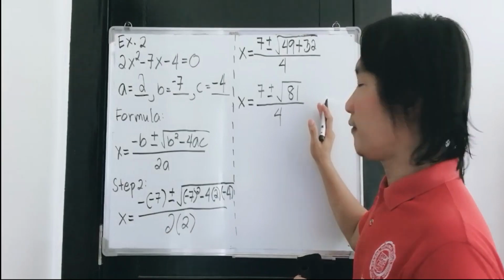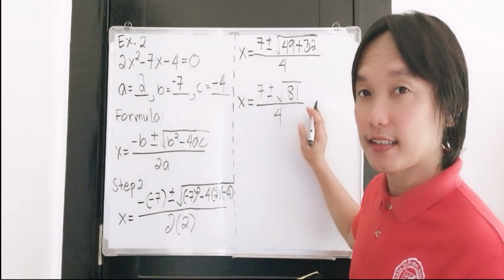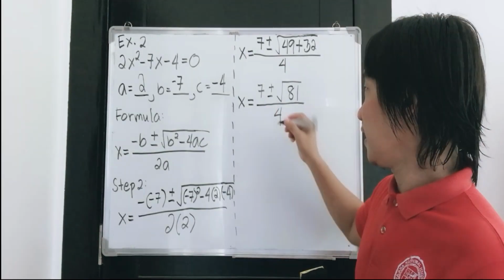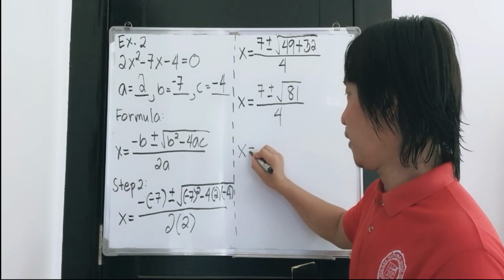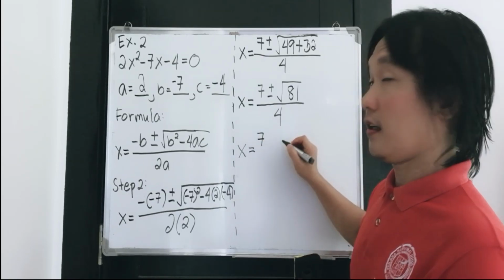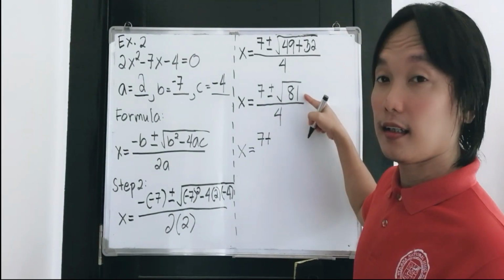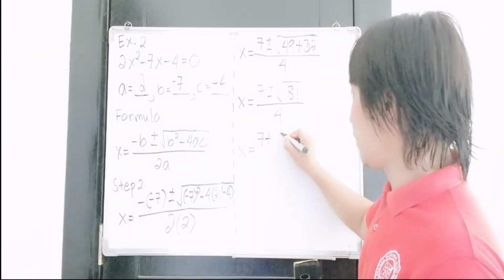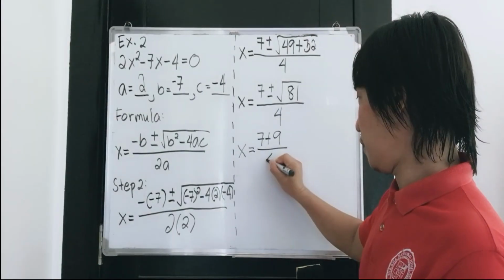If we are going to solve now our equation, we are going now to separate the plus and the minus in our quadratic equation. So we have x will be equal to 7, using the positive first, so that's plus. Get the square root of 81, and that is 9. All over 4.